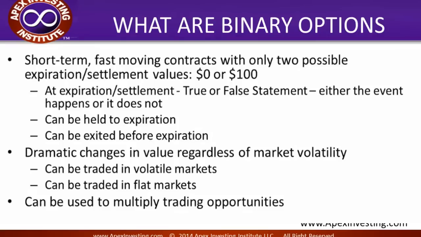Okay? At expiration, there's only two possible outcomes. $0 or $100. Now, when you hear $100, don't think that's the most I can ever trade or make. Again, you could do 1, you could do 100. If you did 100, that'd be $10,000 value. But you can do whatever quantity you want.